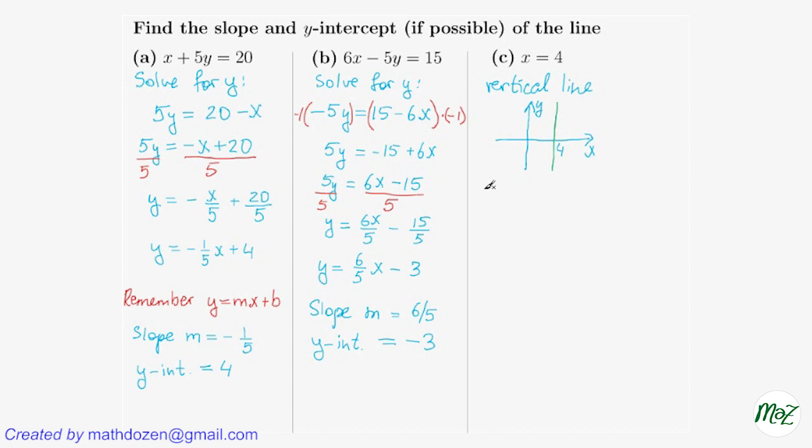We know that the slope of a vertical line is undefined. And on top of that, there is no y-intercept because a vertical line does not cross the y-axis.